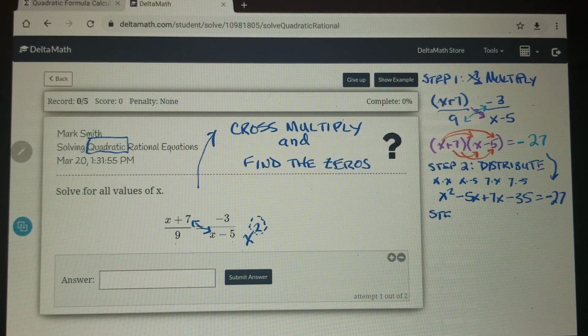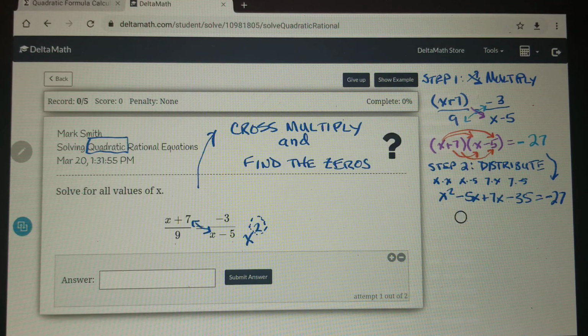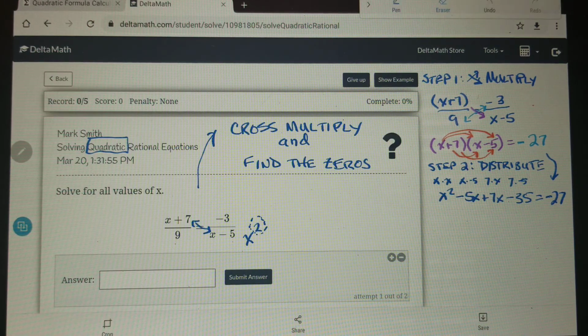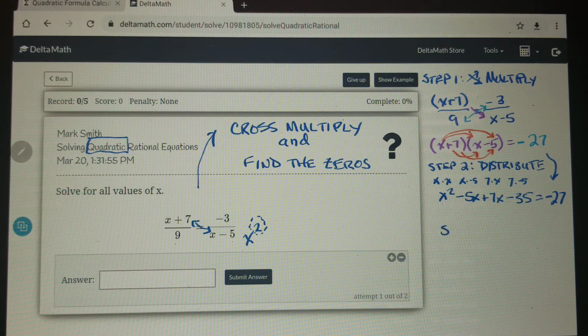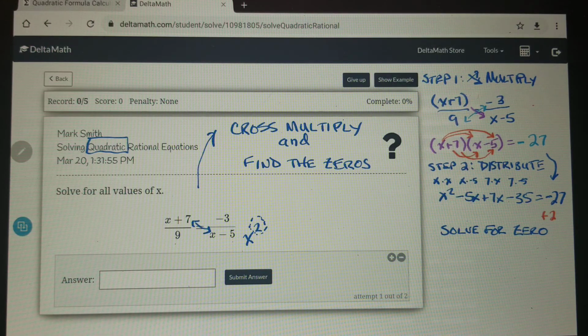Step 3, this is our new step, where we want to solve for 0. To solve for 0, we're going to have to set this equation equal to 0, and to do that, we're going to have to add 27 to both sides.